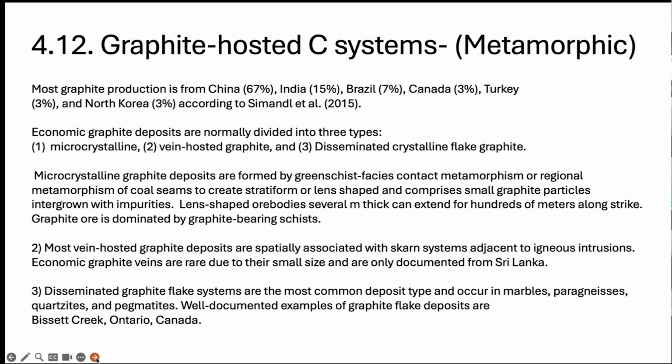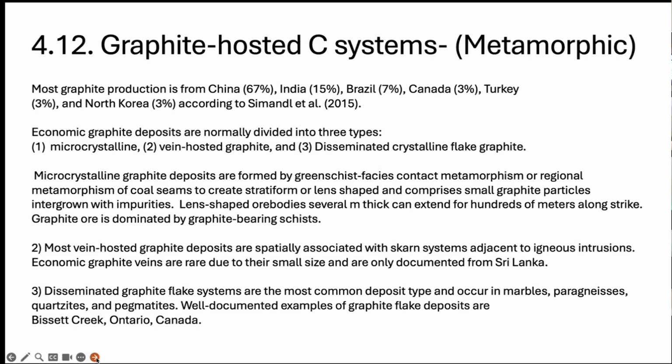Microcrystalline forms by greenschist facies, contact metamorphism, or regional metamorphism of coal seams. Vein-hosted graphite deposits are associated with skarn. Skarn is where you intrude a pluton into especially carbonate rocks.